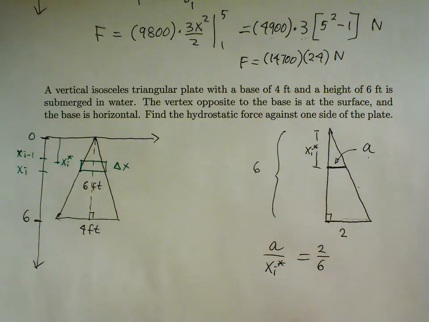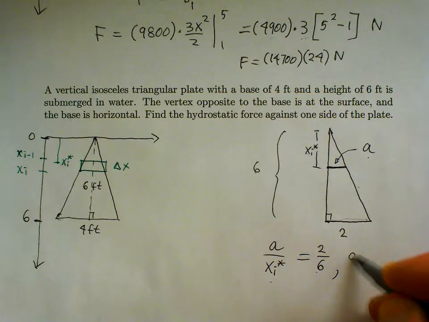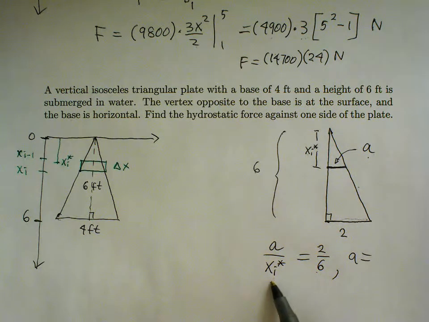You remember in geometry that if two figures are similar, then corresponding sides are proportional. So that's all we did, was use similar triangles. And we want to know what A is. So multiply both sides by x sub i star, simplify 2 over 6.